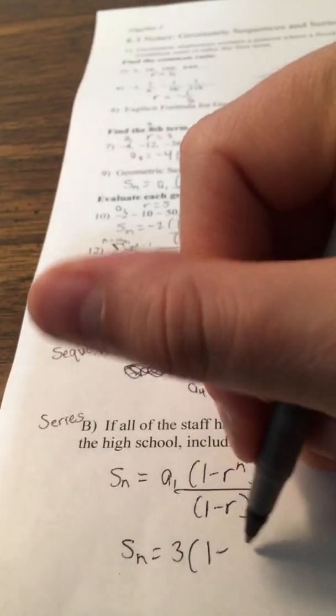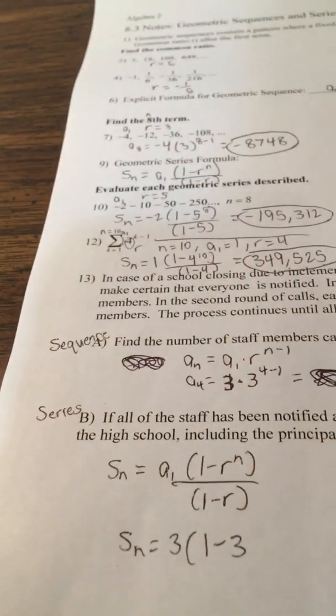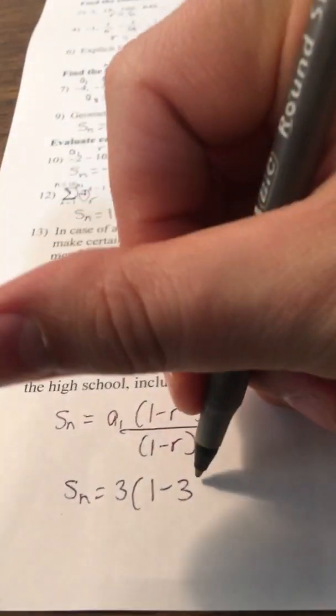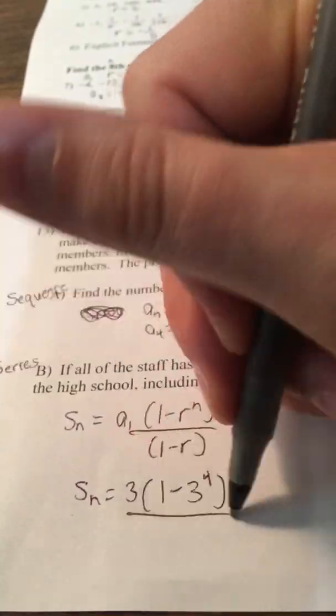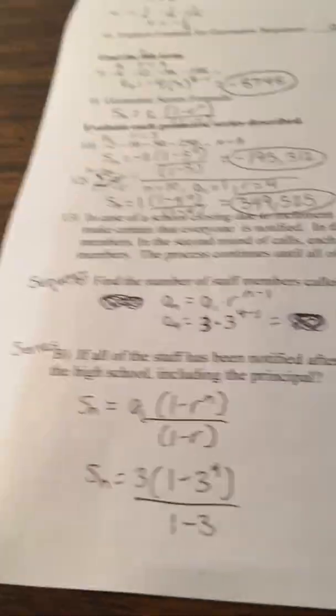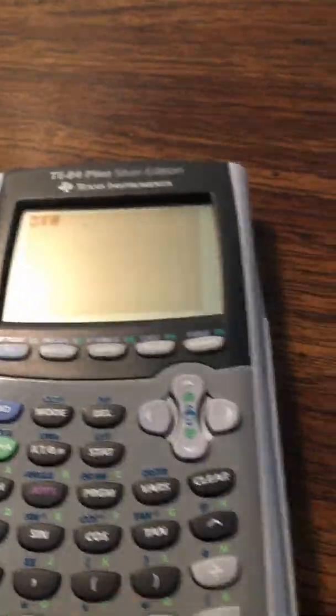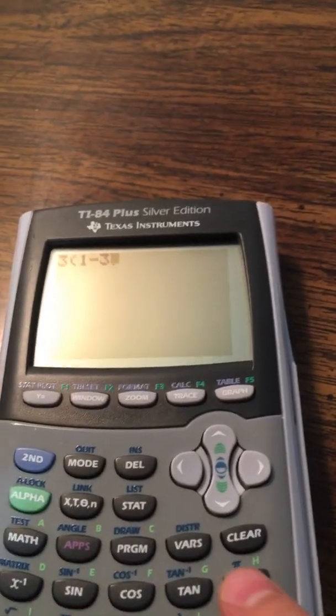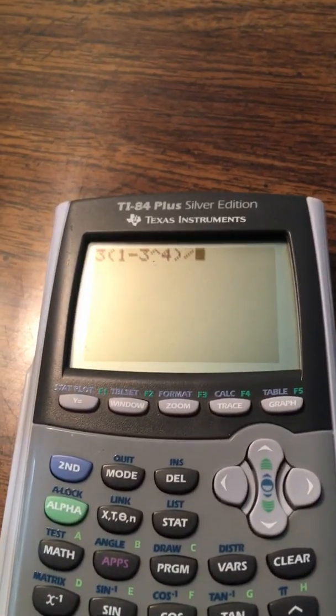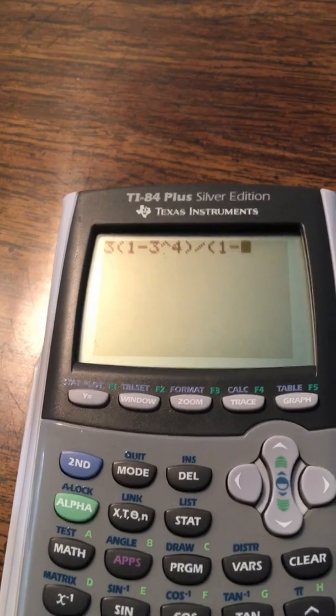So S of n equals 3, parentheses, 1 minus r, where r is 3, because each time we call 3, to the, it says, fourth round of calls, everybody's been notified, so n is 4, over 1 minus 3. So let's just type that in: 3, parentheses, 1 minus 3, exponent 4, divided by 1 minus 3.